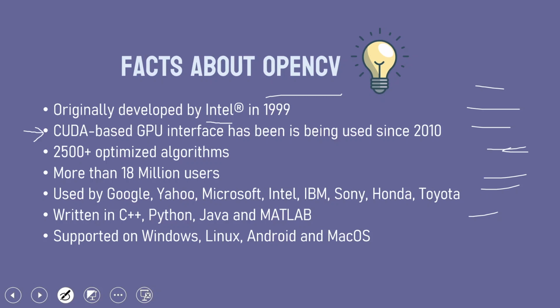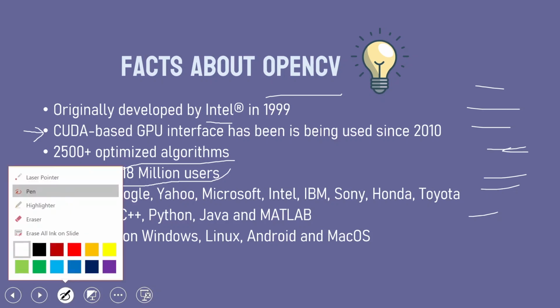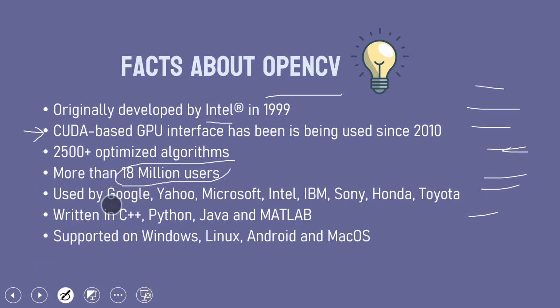It is being used by more than 18 million users, you guys see here. You guys see the growth of OpenCV since 1999. It is even used by vast companies like Google, Yahoo, Microsoft, Intel, IBM, Sony, Honda, Toyota. Why? Because it has features that help these companies grow their business.